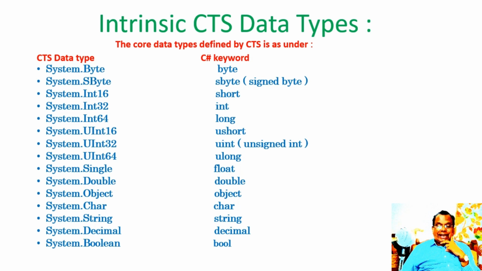Then System.Char, C capital, is char. System.String, S capital, is our lowercase string. System.Decimal, D capital, is decimal. System.Boolean, B capital, has the corresponding C sharp keyword bool, B-O-O-L. It's very simple to understand.